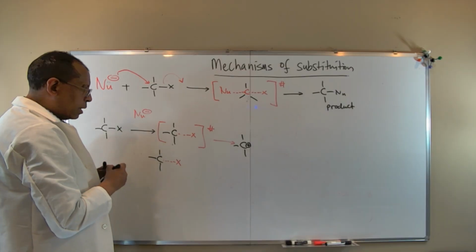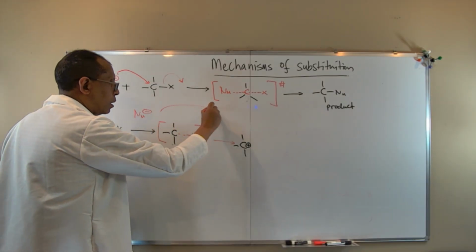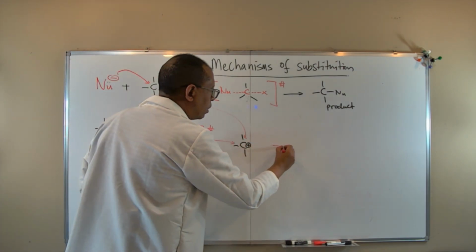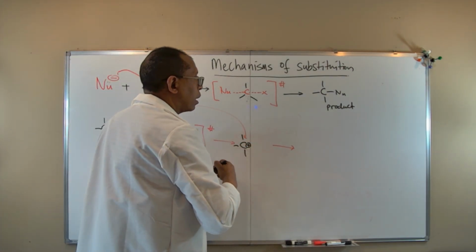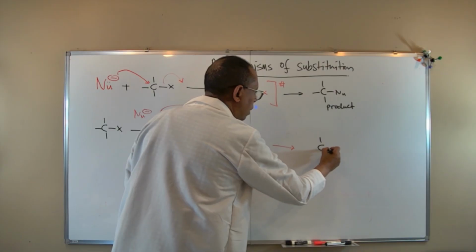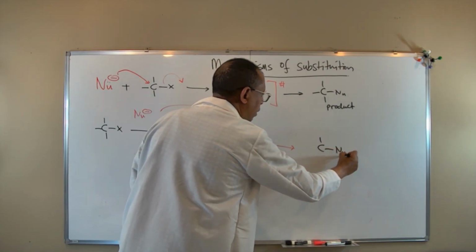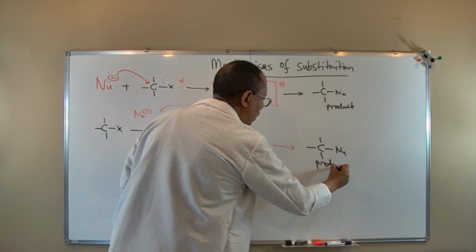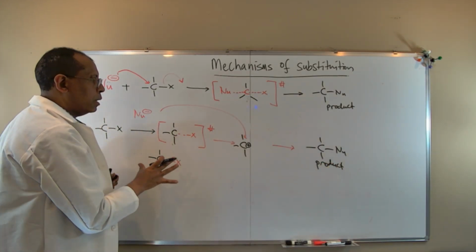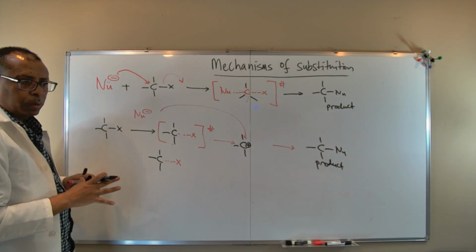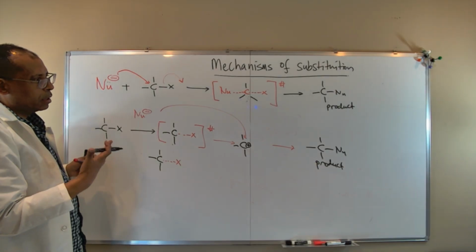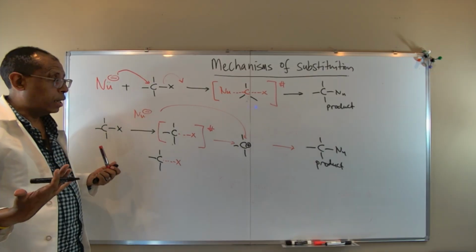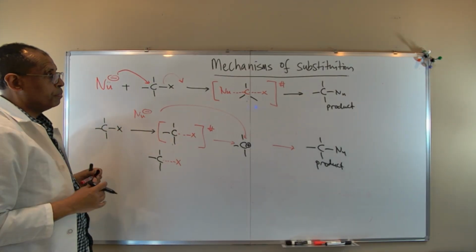Then the carbocation is attacked by the nucleophile to give still the same kind of product. But here you see the way the reaction has gone through is different, based on the mechanism we proposed.